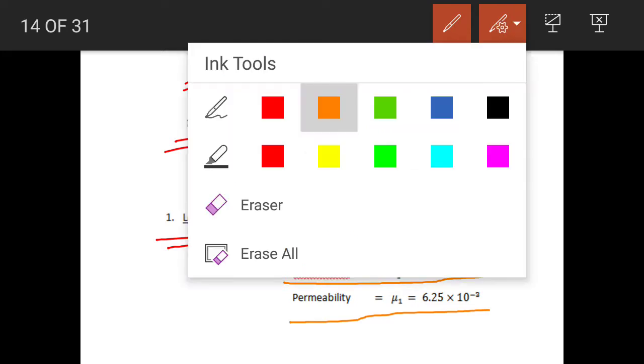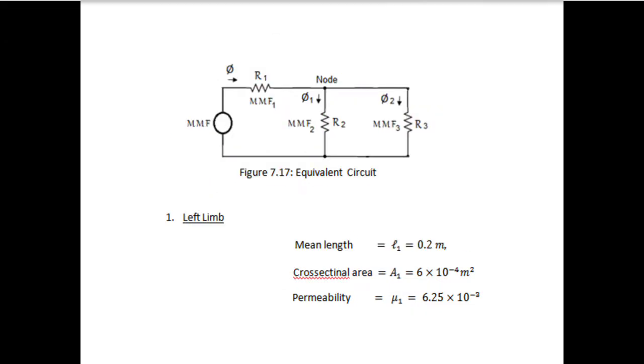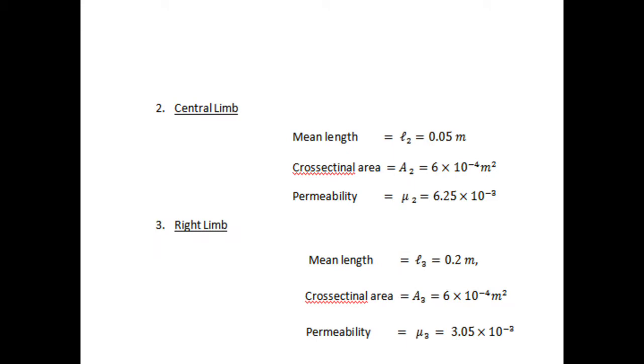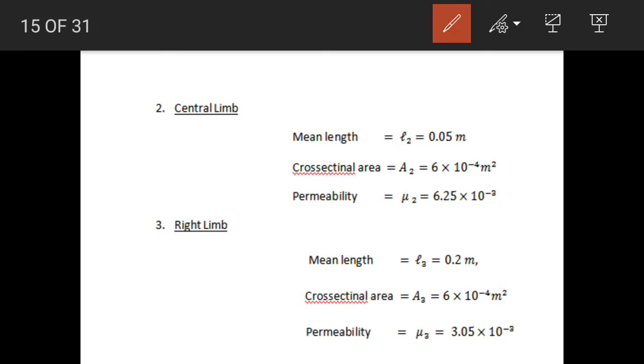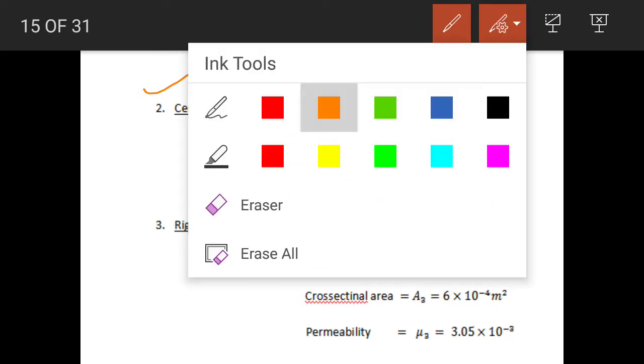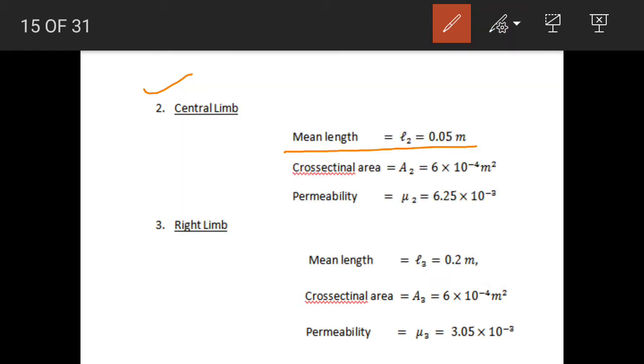So we can calculate the reluctance of the left limb; we will calculate it later on. The mean length of the central limb is 0.05 meter. The cross-sectional area of the central limb is 6 into 10 raised to power minus 4 square meter, and its permeability is 6.25 into 10 raised to power minus 3.